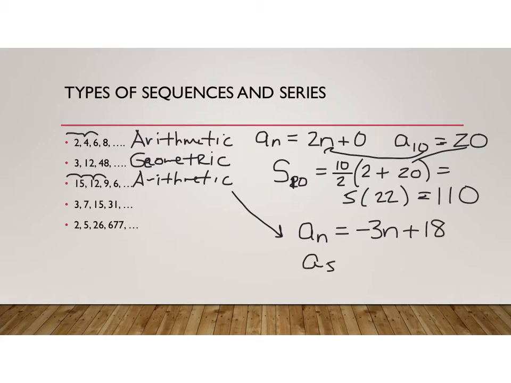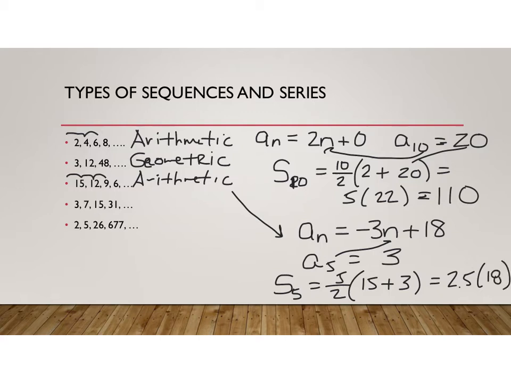I could ask you to find the 5th term, put 5 in for n, that'd be negative 15 plus 18, which would be 3. If I wanted you to find the sum of the first 5 terms, it'd be 5 divided by 2, half of 5, times the first term, which is 15, plus the 5th term, which is 3. So it would be 2.5 times 18, which I believe ends up being 45 as your sum of the first 5 terms.